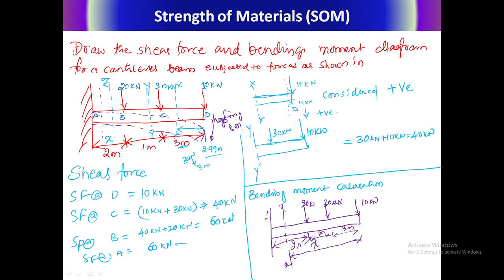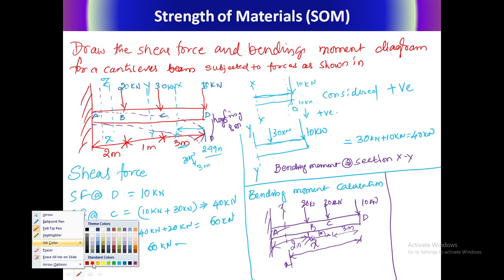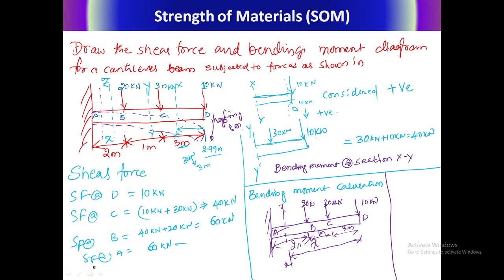So the points are A, B, C and D. Now let us go for bending moment at section xx. Now look out, I'm going to write the equation here. If you understand how to write the equation, then it is over, okay.